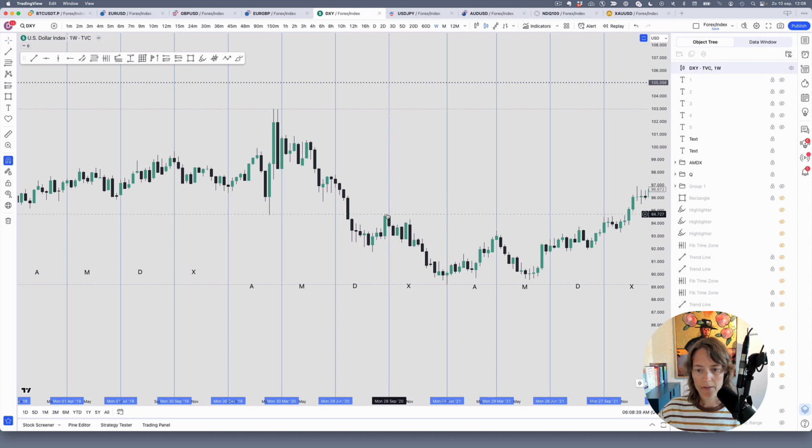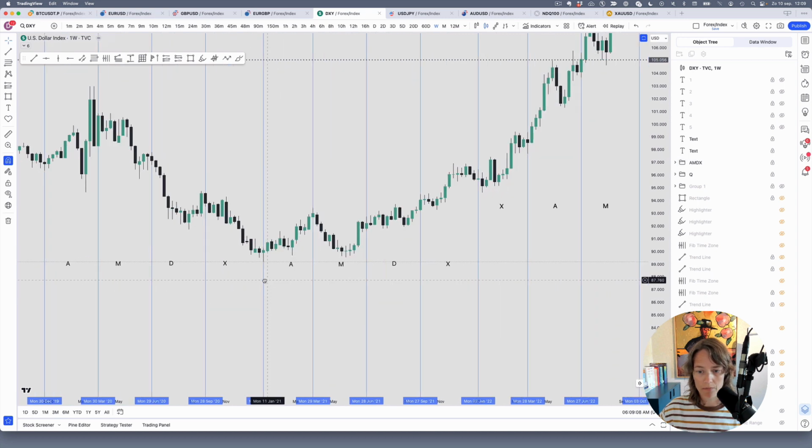Retrace a bit, and then continue in the X. The manipulation is a little bit before April, but it doesn't matter. This is accumulation, manipulation up, distributing price down, a little retracement, and then continuing in the same direction. And that was all 2020. So this had an AMDX profile.